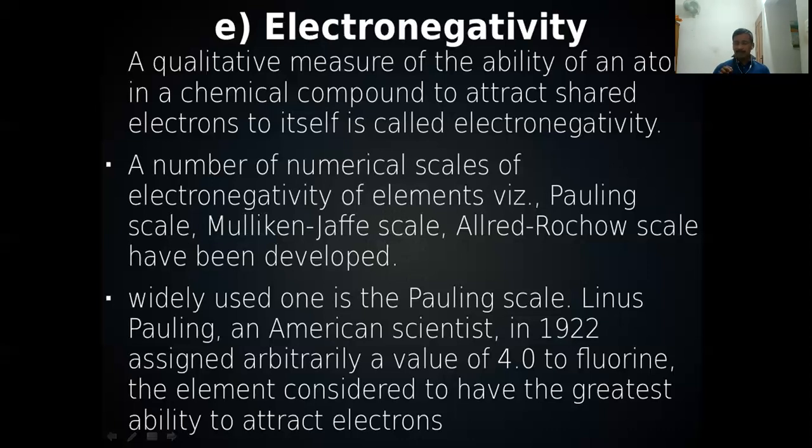So the most electronegative element is fluorine, and its electronegativity value is 4. Then chlorine's electronegativity is less than that of fluorine, so the value will be less than 4.